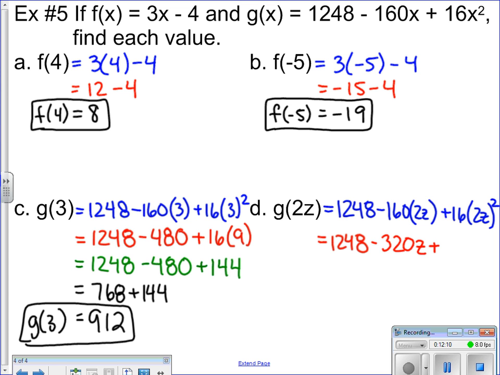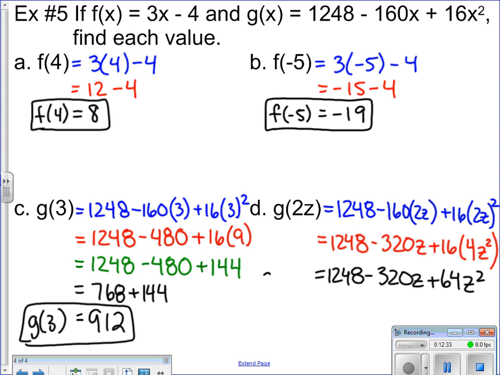If you square 2z, you have to square the 4 and the 2, and that makes it a 4. And then z squared is z squared. And then times that 4 by the 16, and that makes 64z squared.